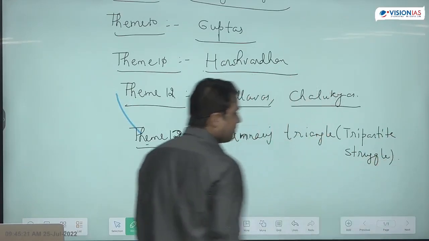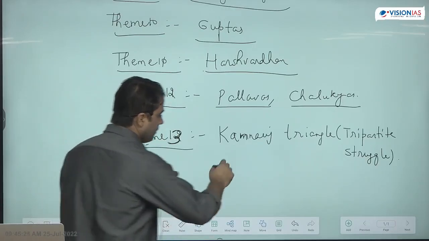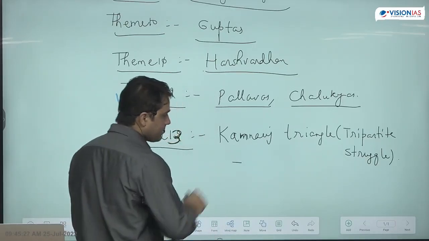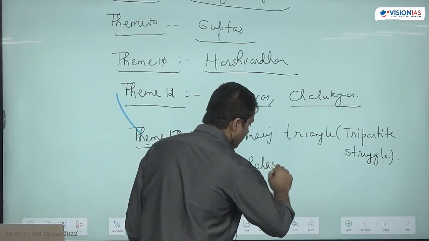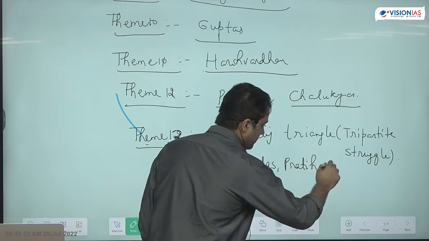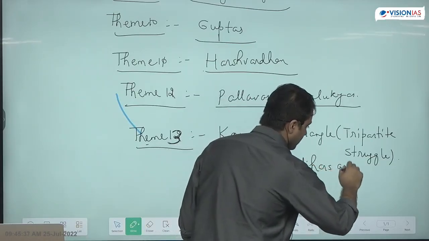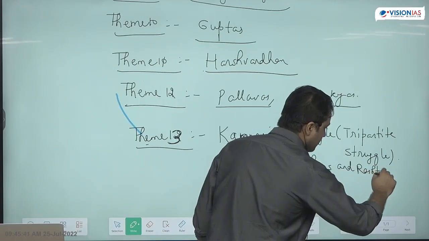Kannauj became very important center, and 3 kingdoms here fought for more than 150 years to occupy Kannauj. These are Palas, Pratihars, and Rashtrakutas.